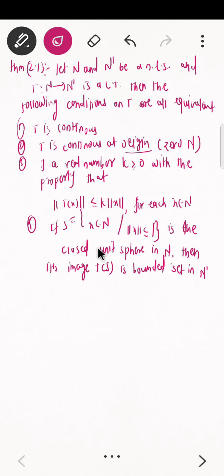We know that bounded means the norm is less than some non-negative quantity. So we have to show that T(S) is bounded.